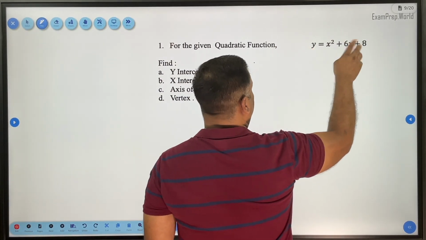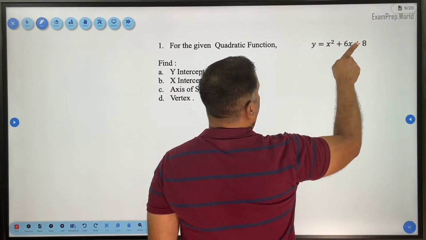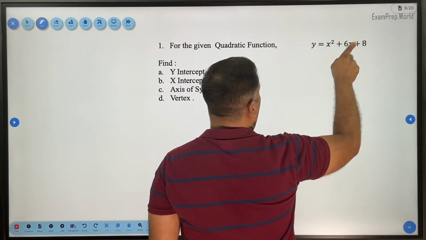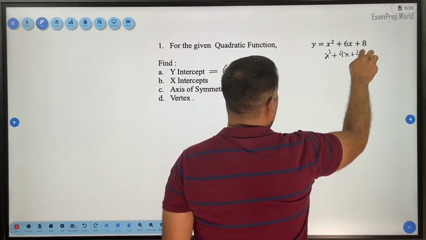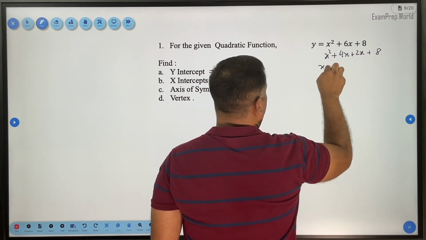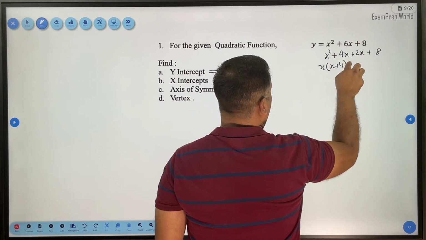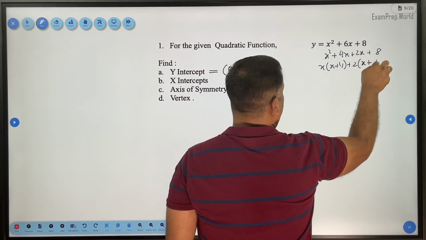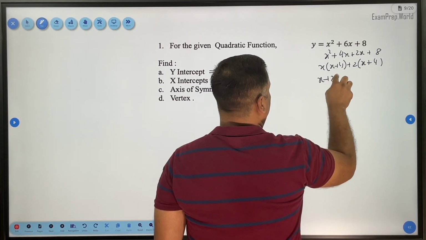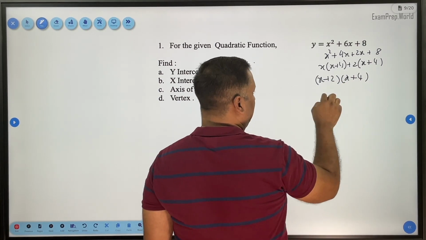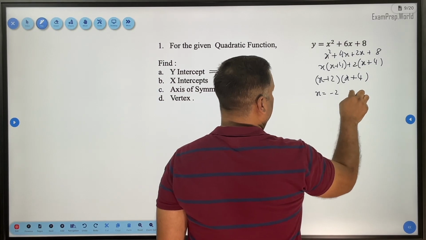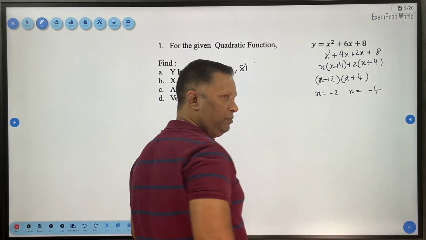So, we want factors of 8 that add to 6, so 4 and 2. I am going to factorize it as x squared plus 4x plus 2x plus 8, x into x plus 4 plus 2 times x plus 4, so x plus 2 and x plus 4. Okay. I equate them to 0, x will be minus 2 and x will be negative 4.